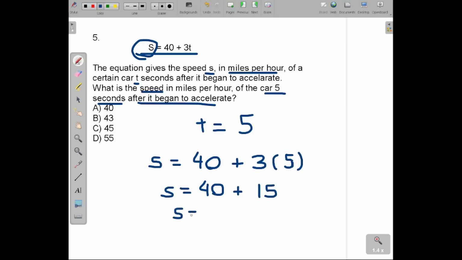So finally S is equal to 40 plus 15, which is 55. So the speed in miles per hour of this car 5 seconds after it began to accelerate is D, 55 miles per hour.